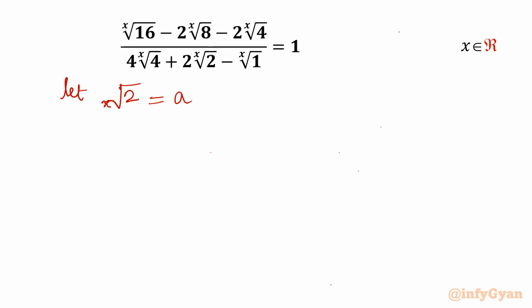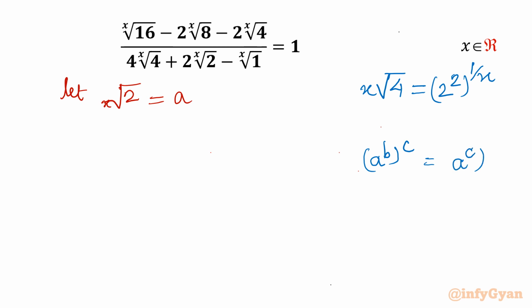So I will write only xth root of 4. We can write 4 as 2 square, whole power 1 by x. Now using the property of exponent, a power b whole power c, we can write a power c whole power b, so we can swap these two powers.